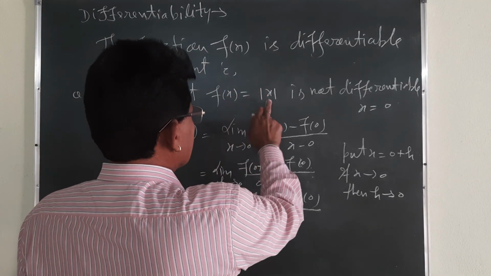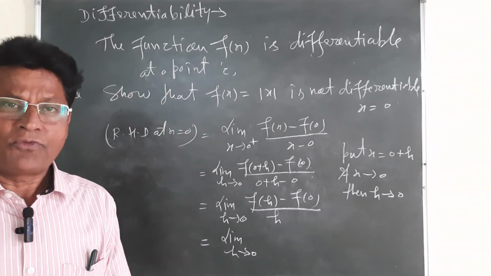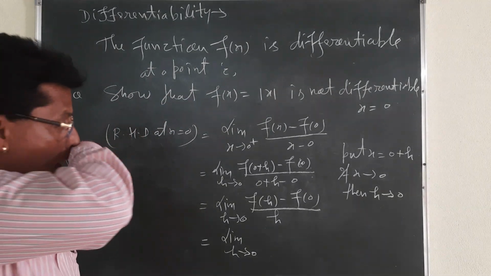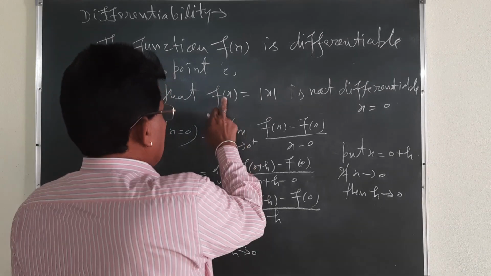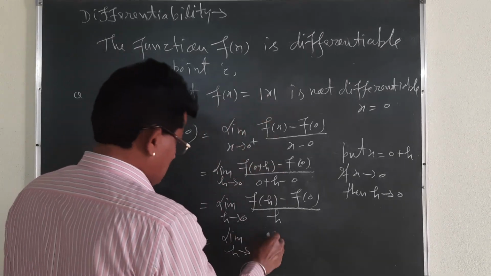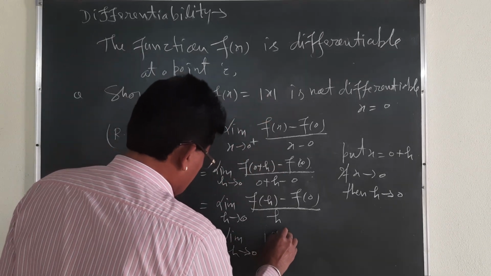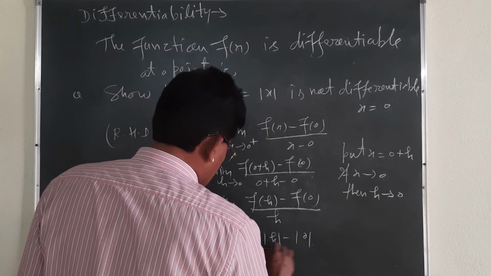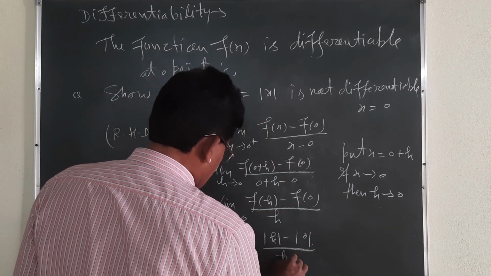f(x) is what? f(x) is the absolute value of x. In place of x, you write h, then it will be the absolute value of h, and the absolute value of 0 divided by h.